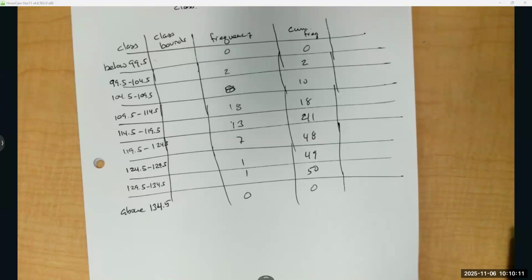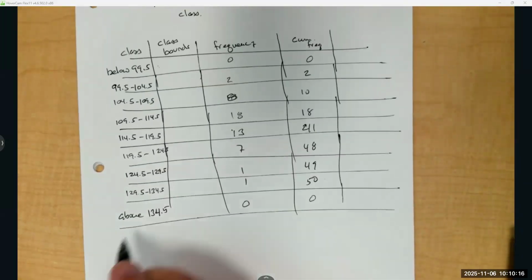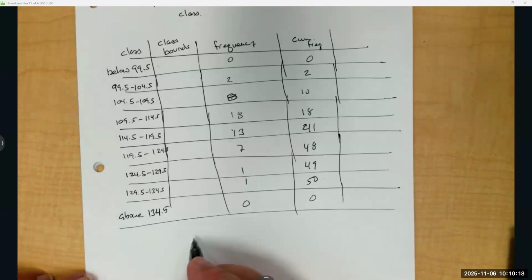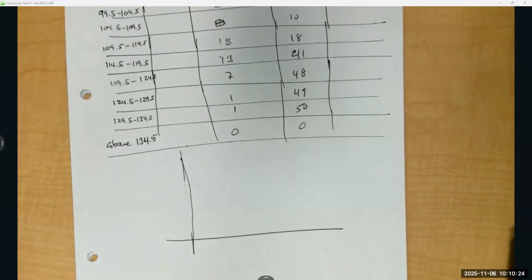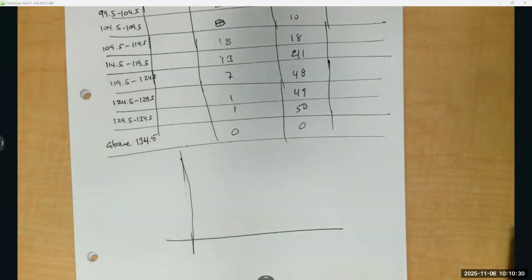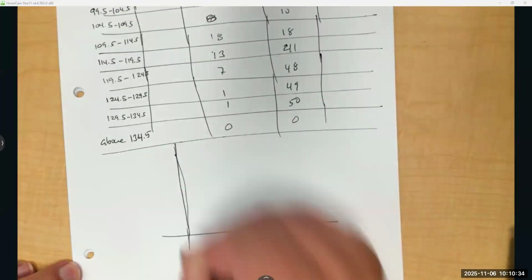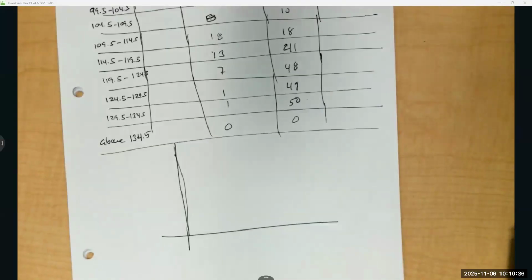So let's look at the ogive. Let's do the graph. So how will we do the graph of this? What's on the x-axis? Yeah, but it's not really the intervals. They're no longer intervals.